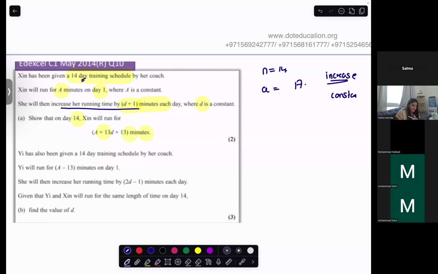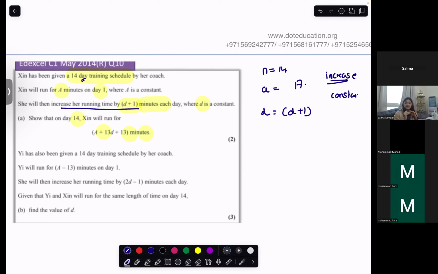Every day I am going to increase by a constant amount. So my d is D plus 1. Every day I'm going to increase by a constant amount, and that constant amount is D plus 1. And I want to know that on the 14th day, she will run for this many minutes.